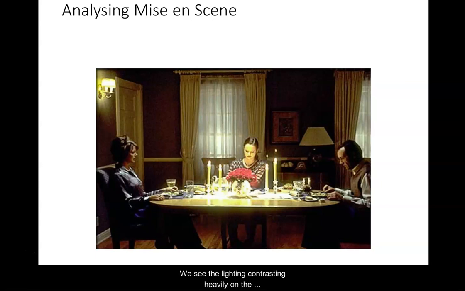We see the lighting contrasting heavily on the central character, the daughter's face, as the most important person, while her parents are put more in shadow, saying that, again, she's not focusing or doesn't have maybe a stronger connection on her parents. And then we see that everything in the house has a cold, antiseptic, and designed feel.